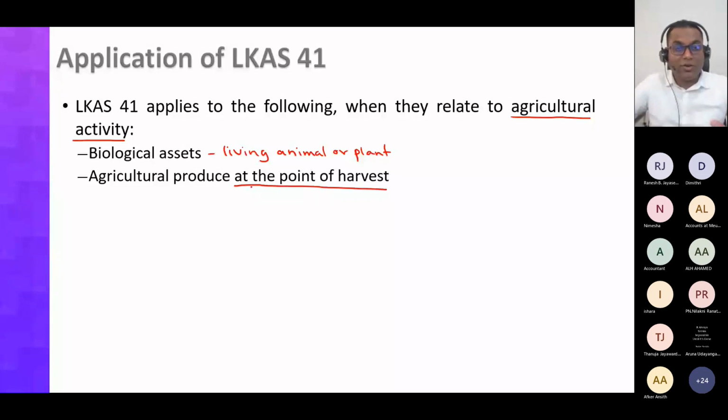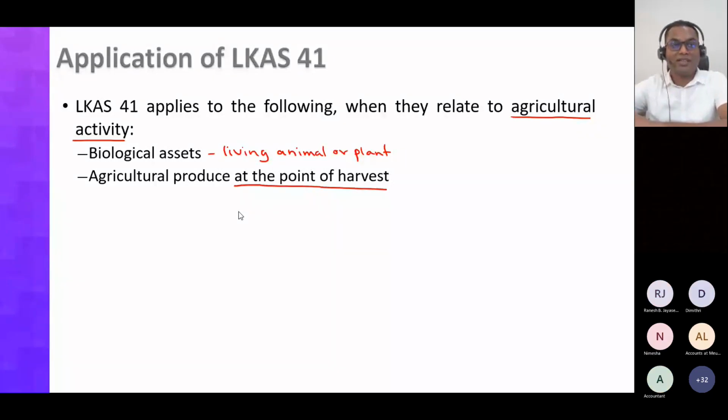Very important: not after the point of harvest, at the point of harvest. After the point of harvest, LKS 41 is not applied. There's a separate standard. After the point of harvest, the milk you store becomes inventory. Then what is applicable? LKS 2.